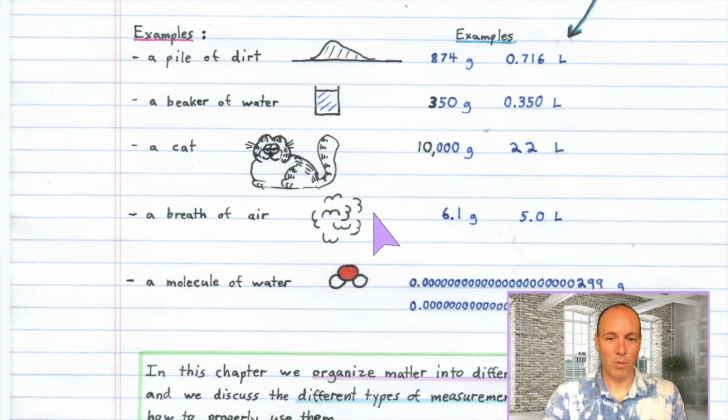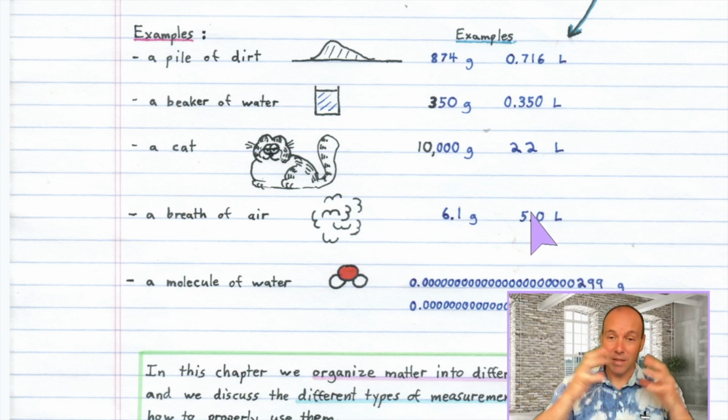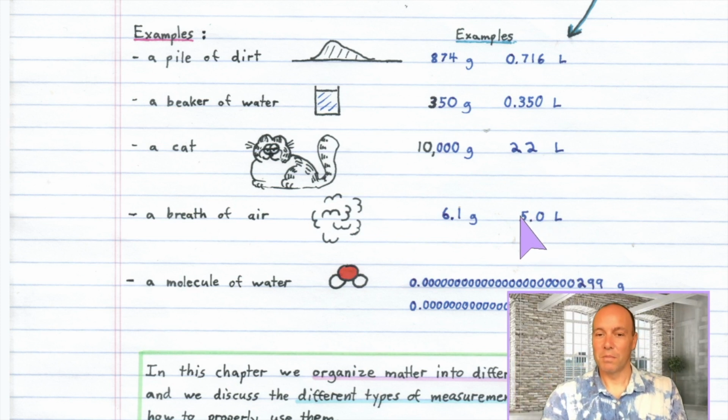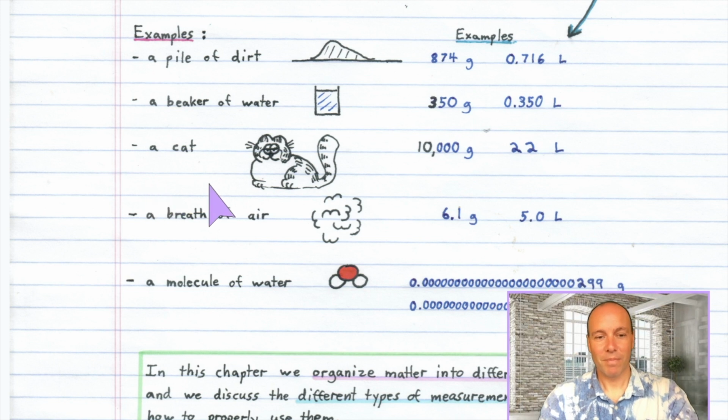So here, a breath of air, suppose it weighs 6.1 grams. So it has mass, and it occupies a pretty large volume, 5.0 liters. So mass and volume, air is matter.